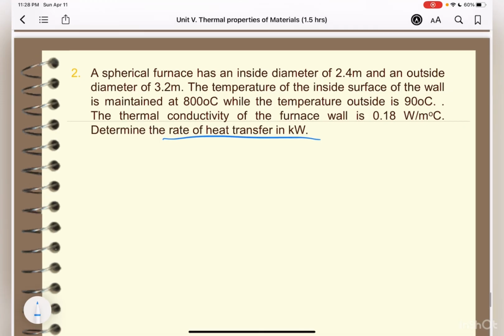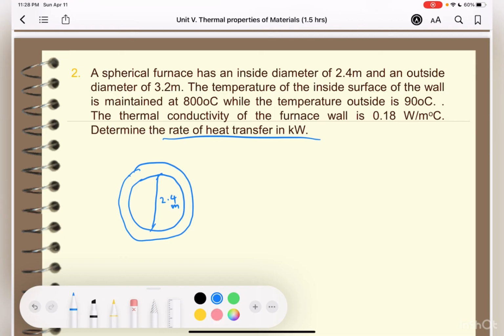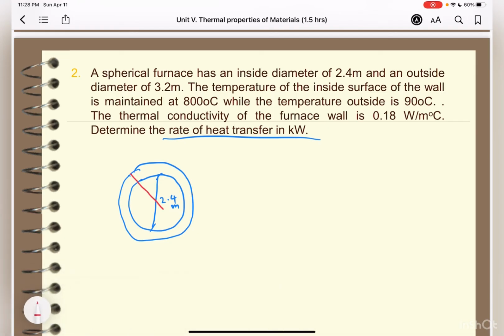Okay, so assuming you have, just to show you the inside and the outside diameter. The inside diameter is given as 2.4 meters, while that of the outside is 3.2 meters.